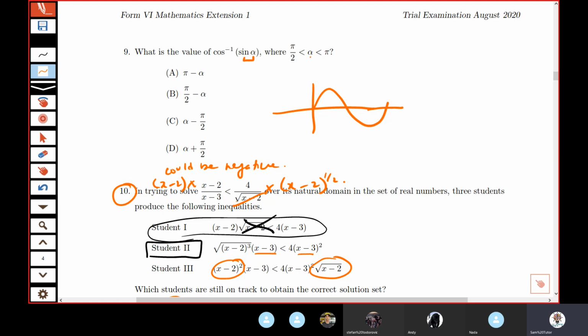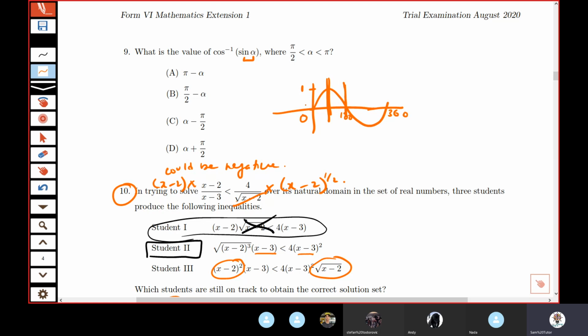It's telling you that alpha is between 90 and pi, right? So for your sine curve, there's 180, there's 180, there's 360. So it's telling you it's this region. What's the largest sine value you're going to have? 1. What's the smallest sine value you're going to have?